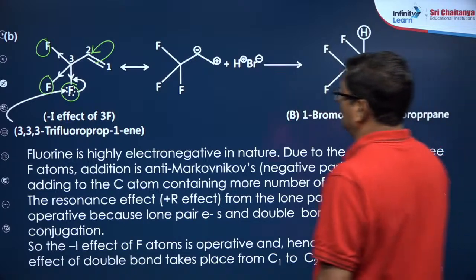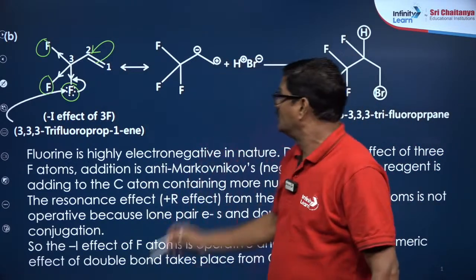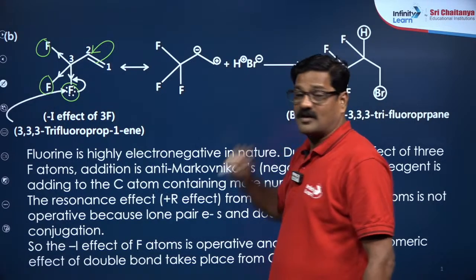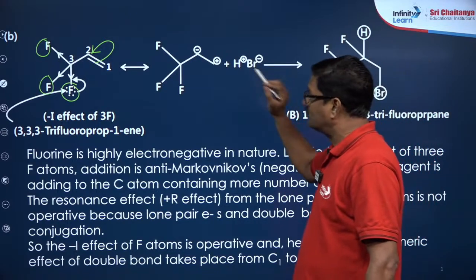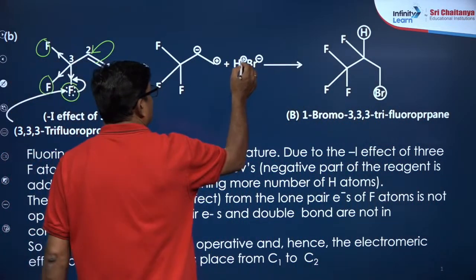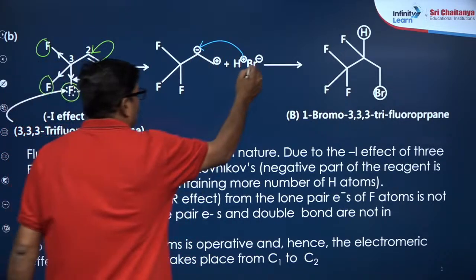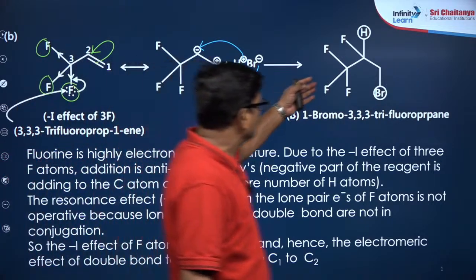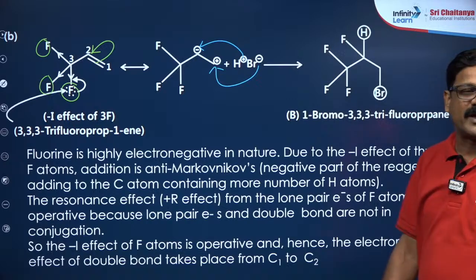Because of this inductomeric effect, this pi bond moves to the second carbon, so that the second carbon gets a negative charge and the first carbon gets a positive charge, right? So if you want to add HBr, let us say H plus and Br minus. H plus loves negative charge, Br minus loves positive charge. So your product will be 1-bromo-3,3,3-trifluoropropane.